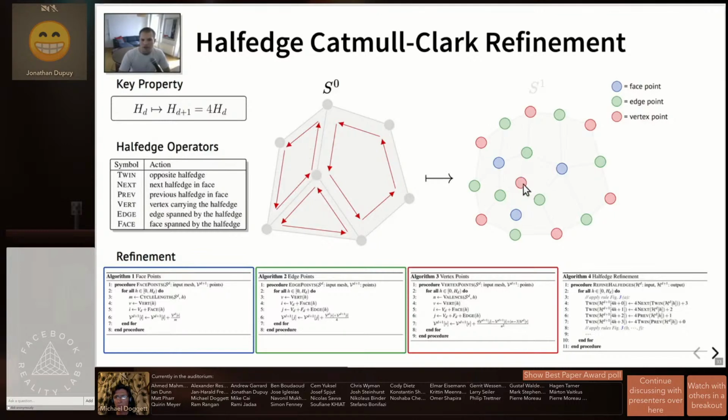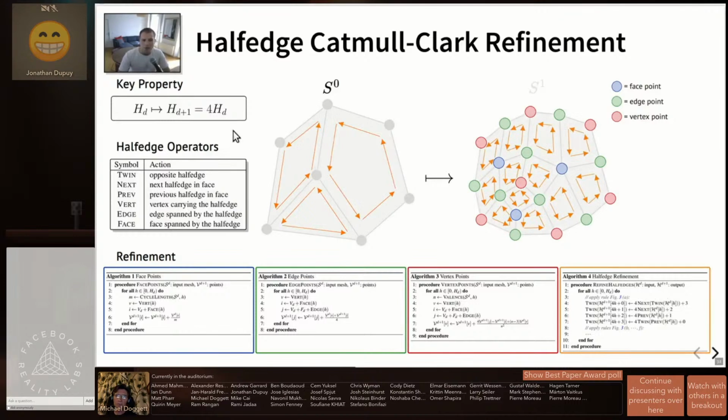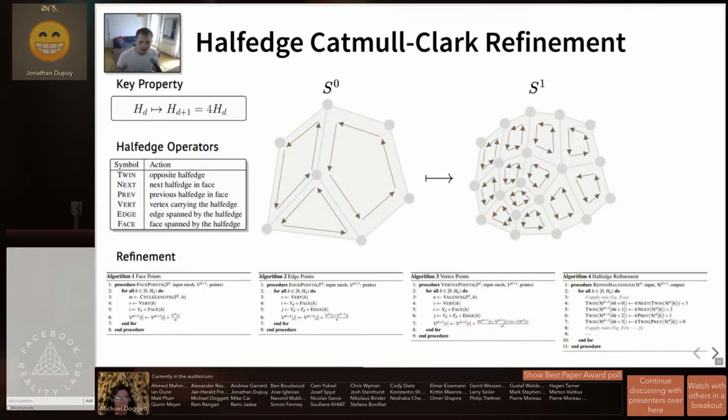So for instance, this vertex point here is computed using this half edge that departs from it, this one, and this one. And finally, the topology step that computes a 1-to-4 mapping of the half edges to assemble these newly created vertex points into quads. And with these 4 algorithms at hand, we are able to evaluate the refinement step entirely.